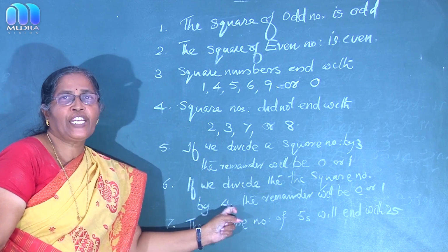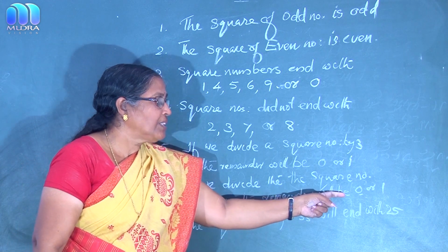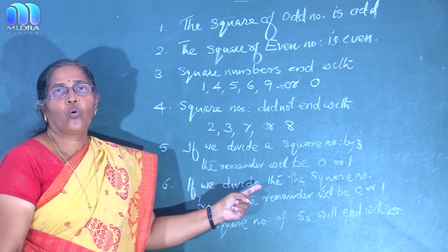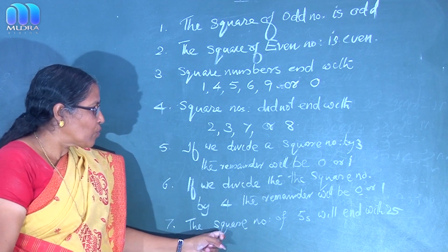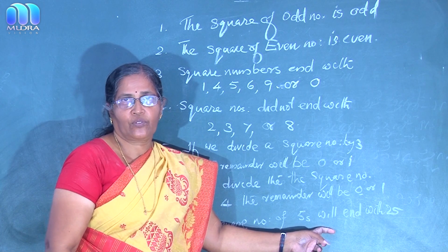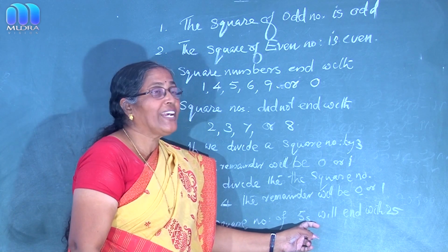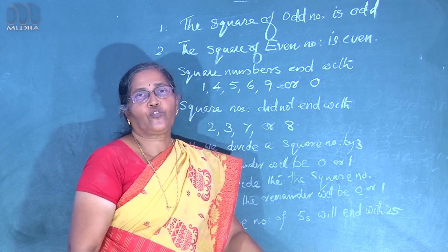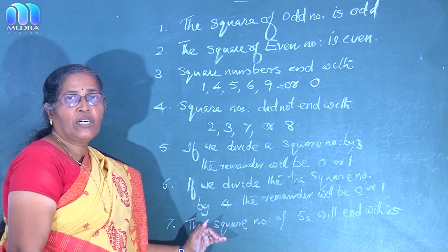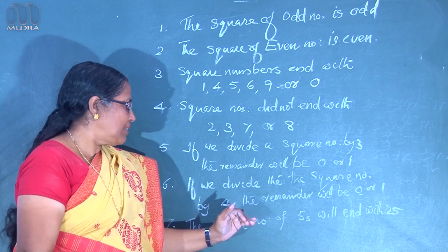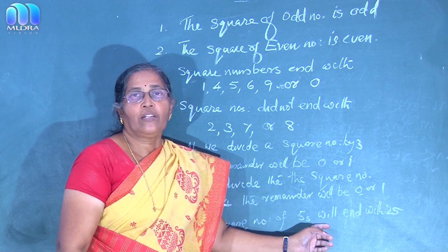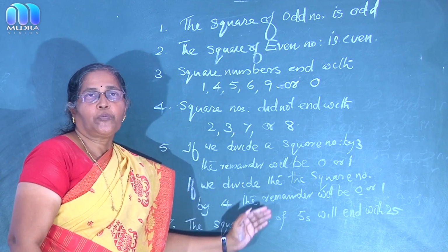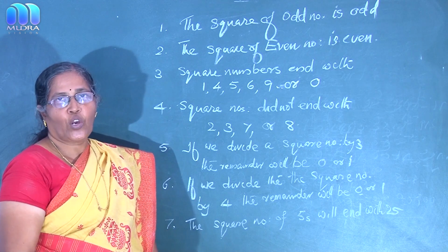If we divide a square number by 4, the remainder is 0 or 1. And if the number has the last digit 5, its square will end with 25. These are the properties of a square number.